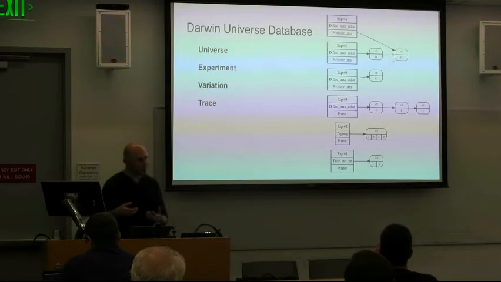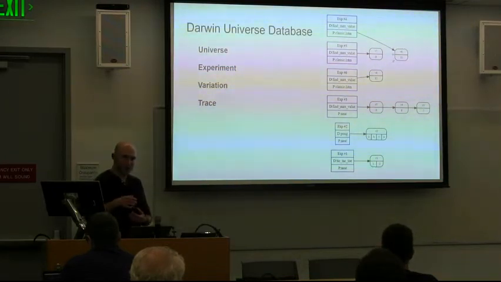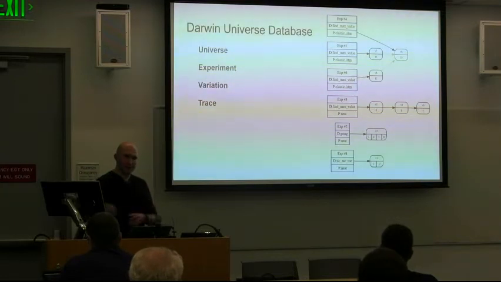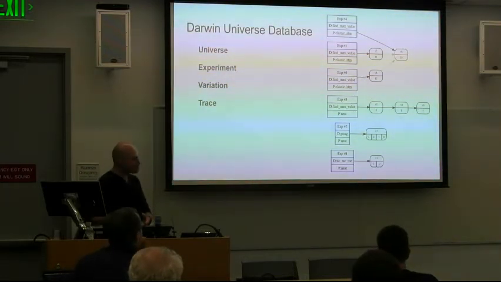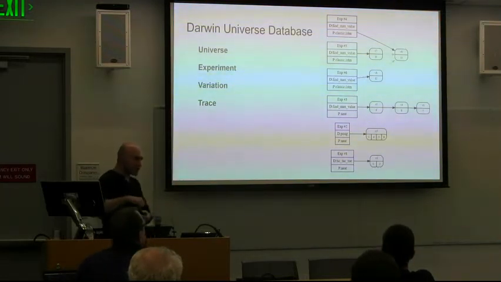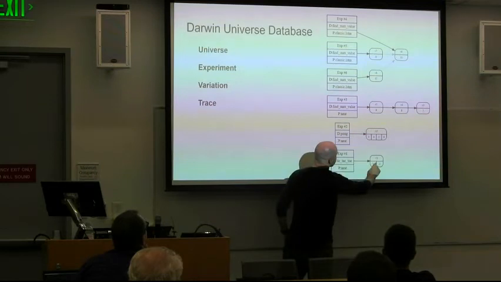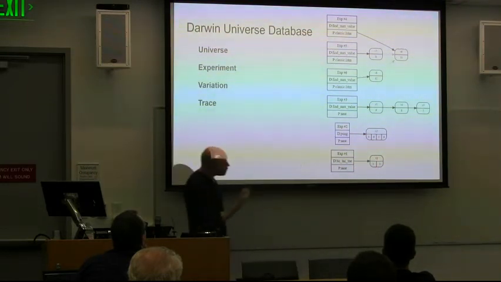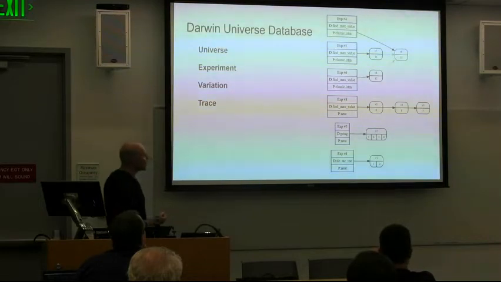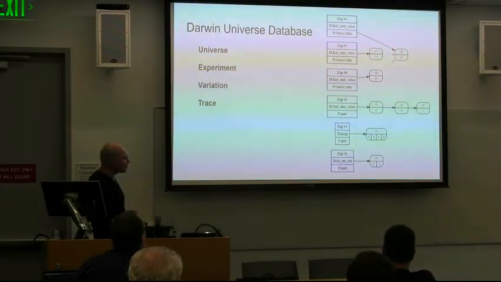It's based on the existing one, you modify something. And the database wants to capture this lineage. Like, I had this experiment and I tweaked this parameter, but I tweaked it starting from this other variation. So you keep the whole thing. Each one has multiple runs, you can run the same variation multiple times. I will explain there's a good reason to run it multiple times, but every time you run a variation, you get a trace.